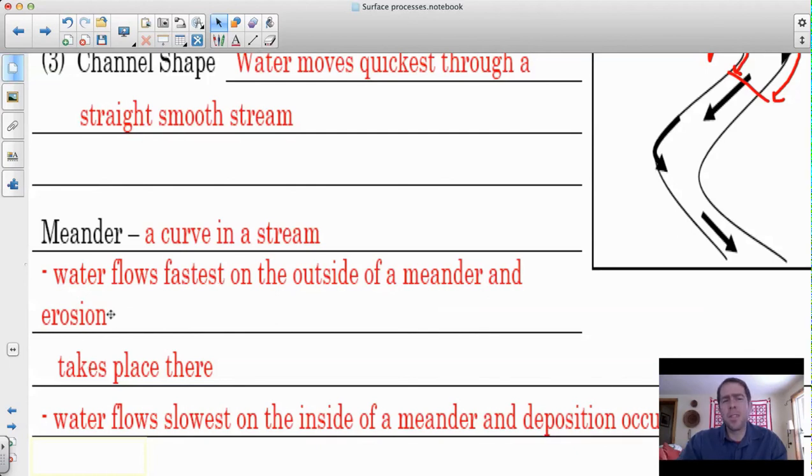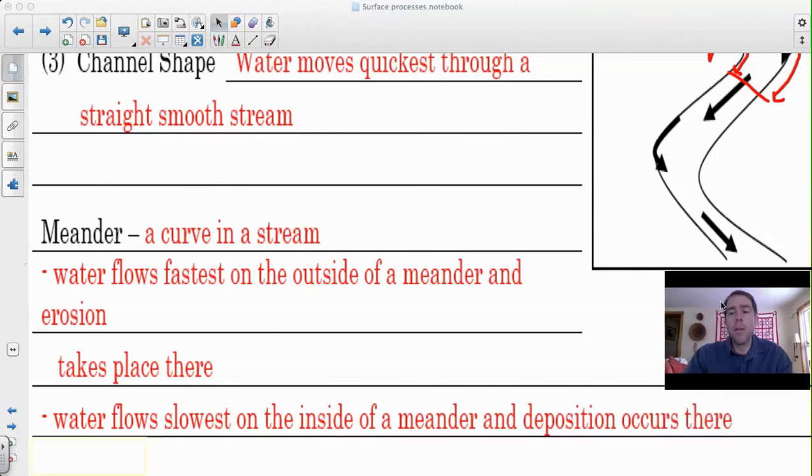This all sort of goes together. Sorry that it's on two different lines. But basically, water flows fastest on the outside of the meander, and erosion takes place there. So there's erosion on the outside, and water flows slower on the inside, so deposition occurs there. And we'll talk about how that affects streams and the way streams look at another time.